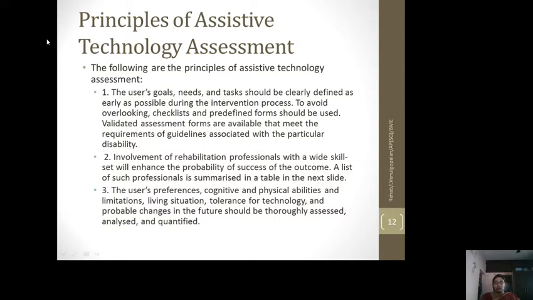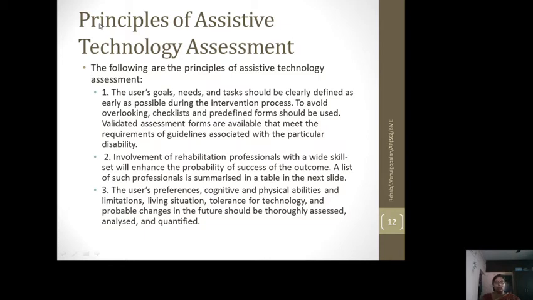So we should have checklists and predefined forms such as the initial assessment form, and then based on that we should validate our assessment and document it properly and ensure that we haven't missed any of the key aspects of initial assessment. So this would definitely ensure that we've covered all our bases.